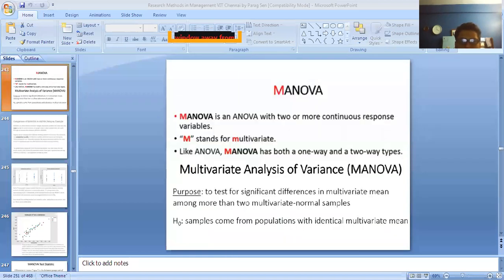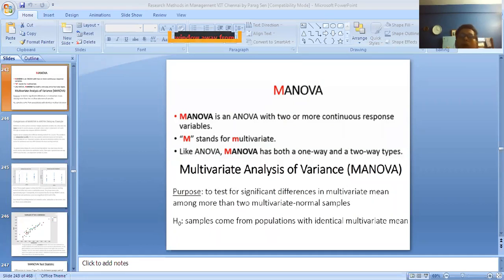But there is no such thing called one-way MANOVA, because if it is one-way MANOVA, then it will be equivalent to simply one-way ANOVA, because there will be one dependent variable and one independent variable.